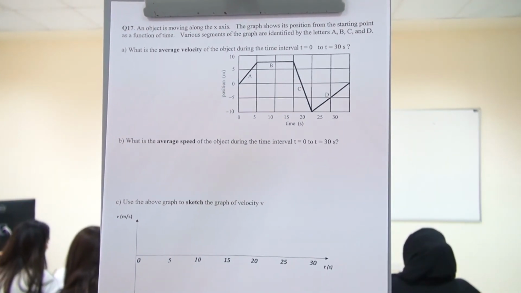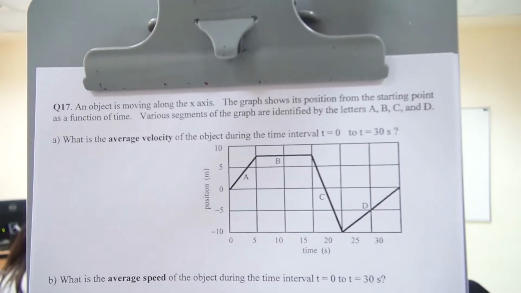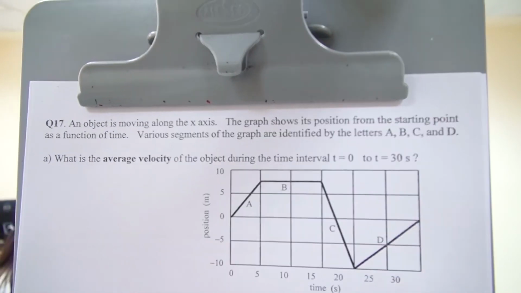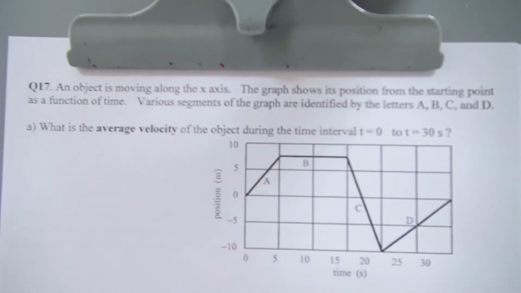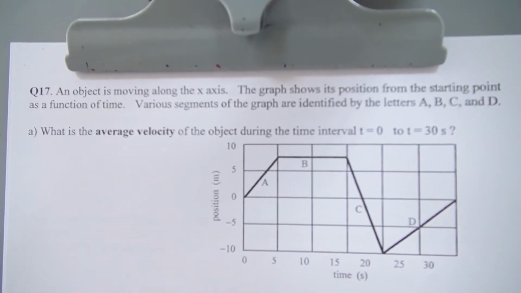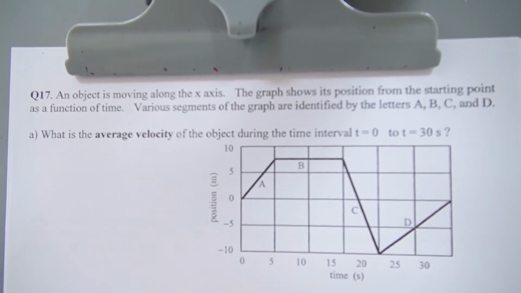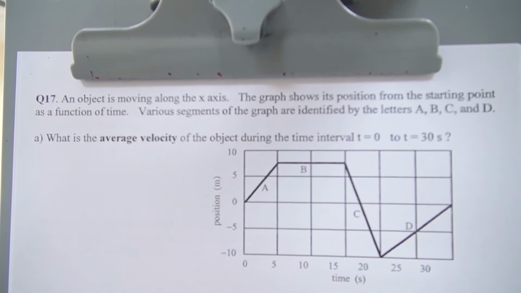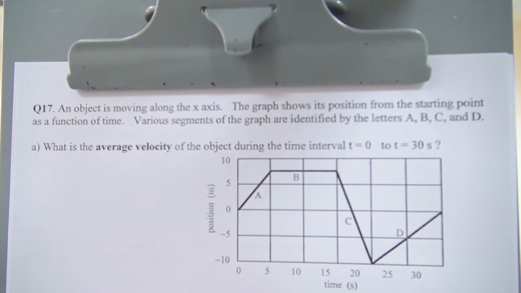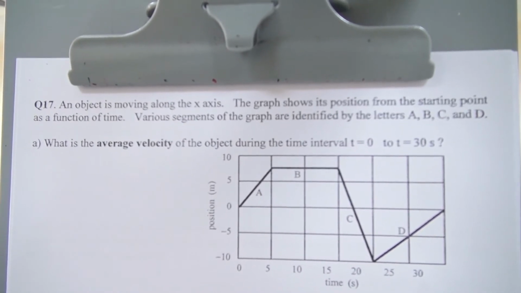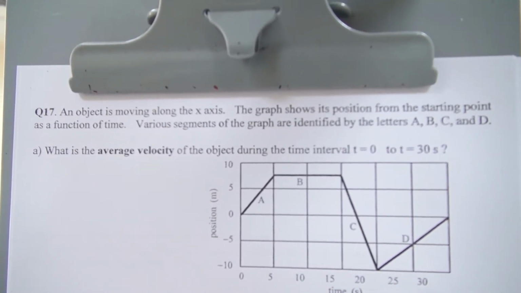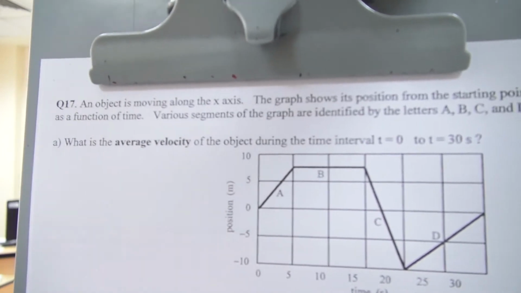Anyway, let me read the question. Question 17. An object is moving along the x-axis, motion in one dimension. The graph shows its position, which means x, from starting point as a function of time. Various segments of the graphs are identified by parts A, B, C, D. Part A. What is the average velocity of the object during the time interval from 0 to 30 seconds?